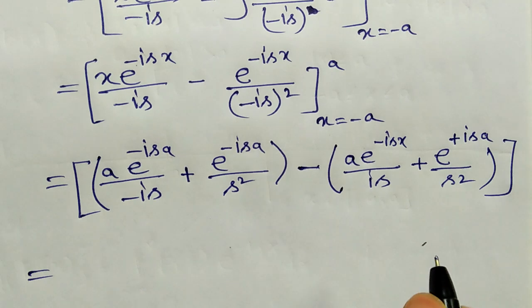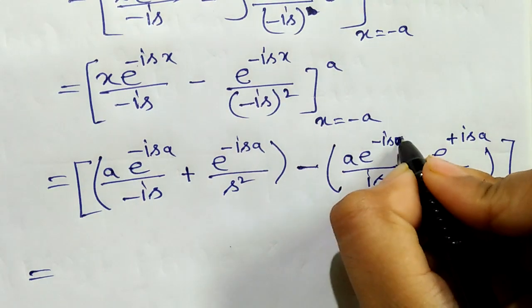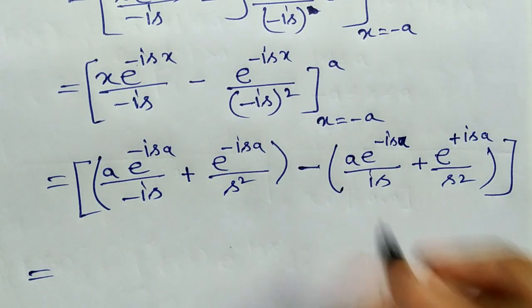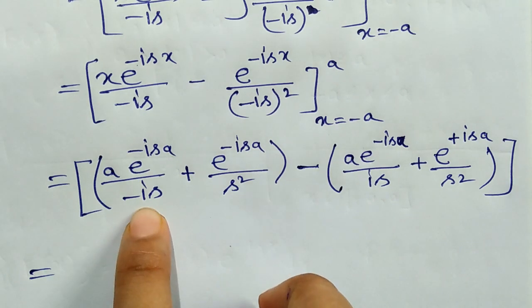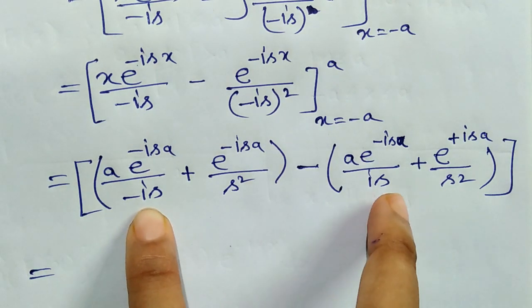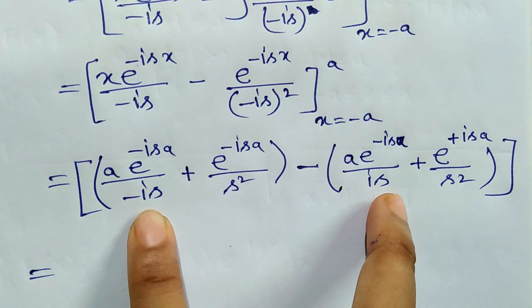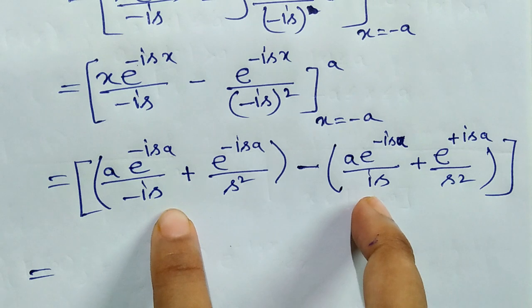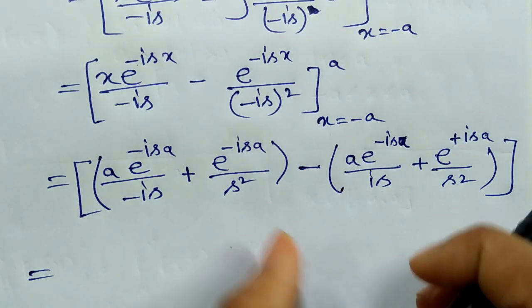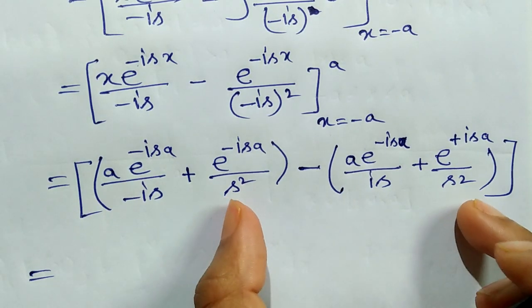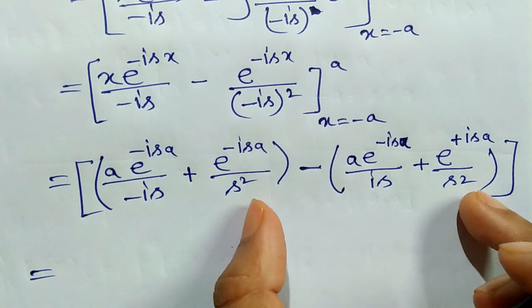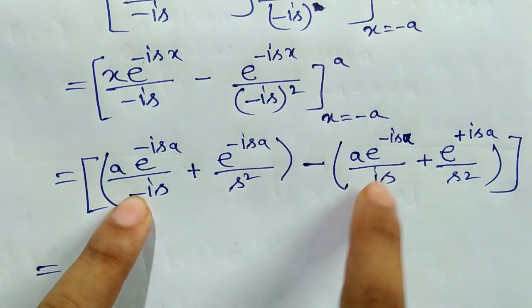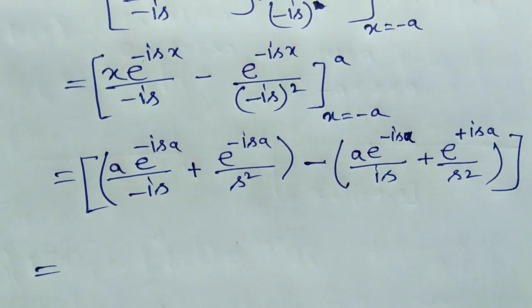Now see this denominator term, and see these two terms have the same denominator, and this first one and this first one have the same denominator.